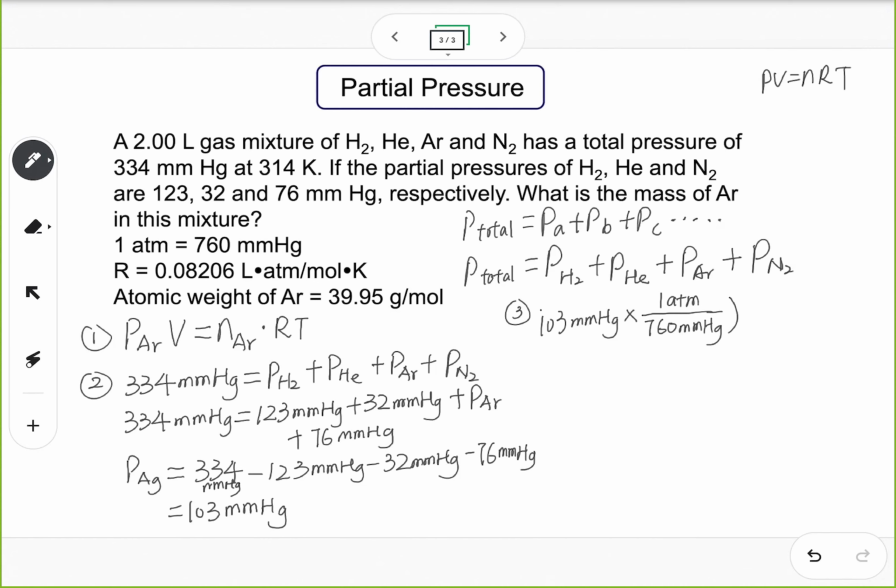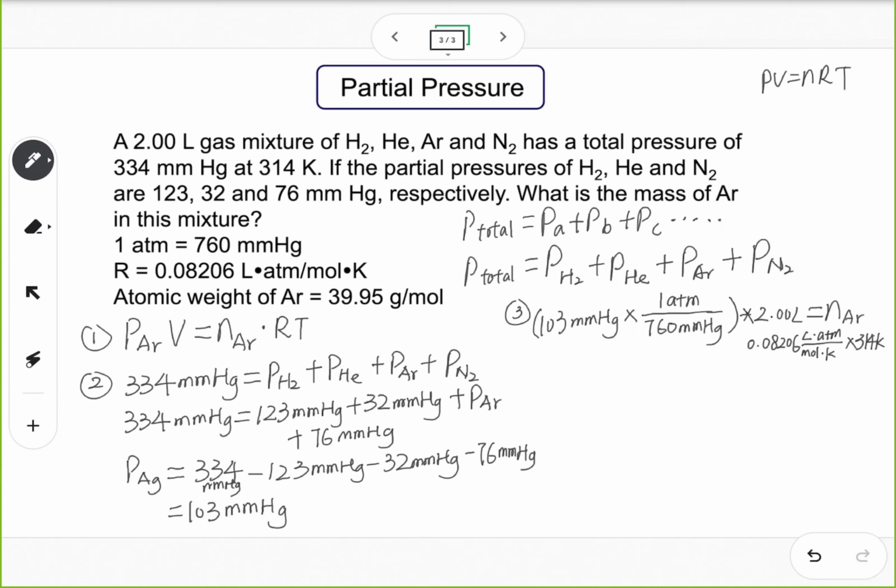Unit conversion we learned from chapter E. And the V is 2.00 liter equals N argon. I'll write it down here. R is 0.08206 liter ATM over mole Kelvin times temperature 314 Kelvin.